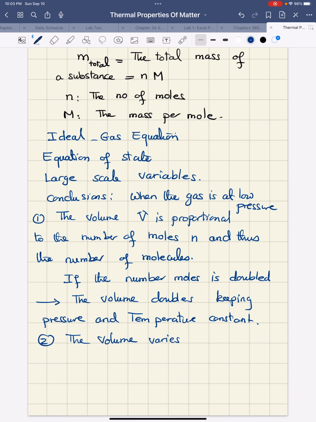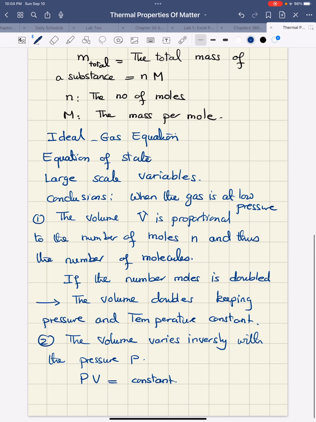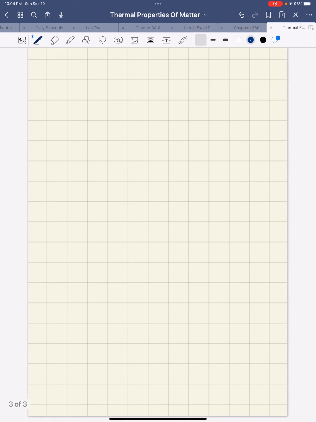The volume varies inversely with the pressure P. PV is always equal to a constant, which means if you double the pressure, the volume is going to decrease to 1/2.